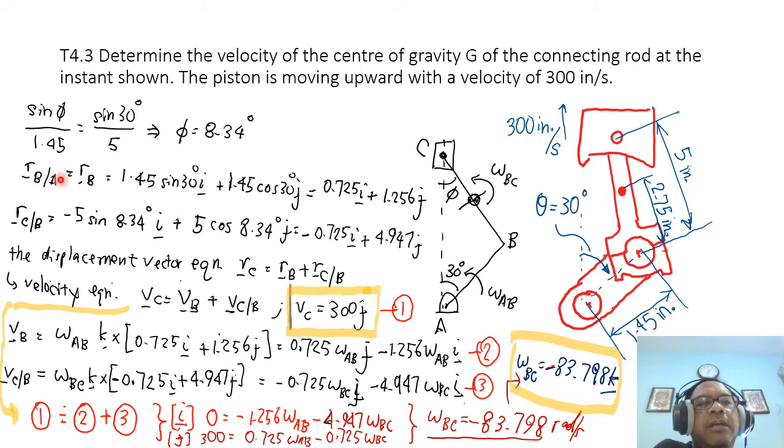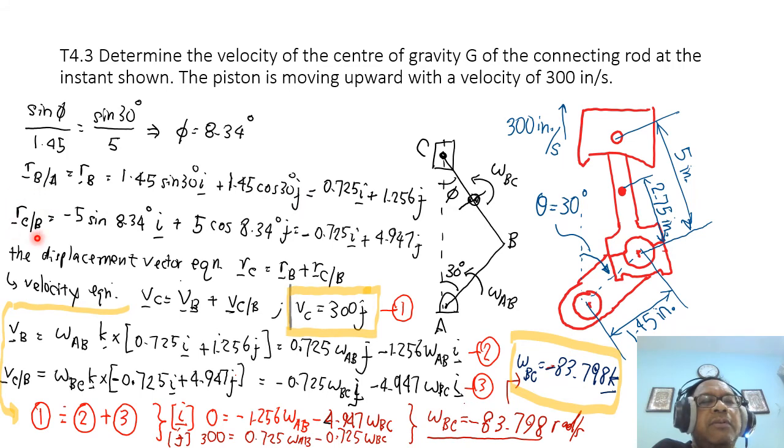From there, I wanted to find the position vector B relative to A, and A is not moving, so it's equivalent to position vector B equals 1.45 sine 30 degrees I plus 1.45 cos 30 degrees J, and I got this number here.